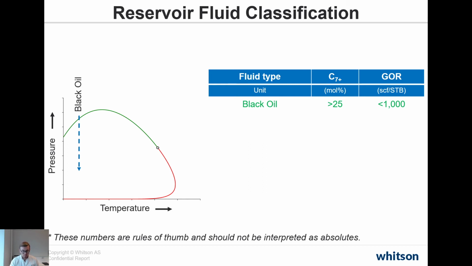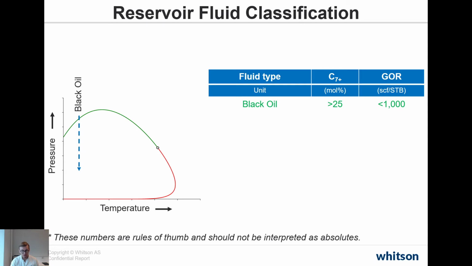So the most basic reservoir fluid type is the black oil case, where your C7 plus on a rule of thumb basis. That's important for me to emphasize, that these numbers are a rule of thumb, and should not be interpreted as absolute numbers at all. And there will be some overlap between these different ranges, but I think they are okay starting points.